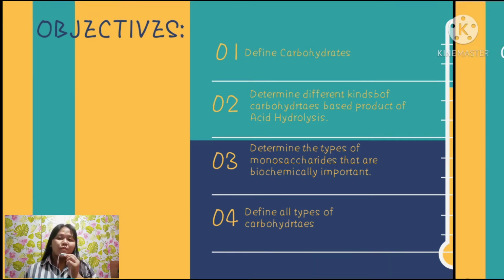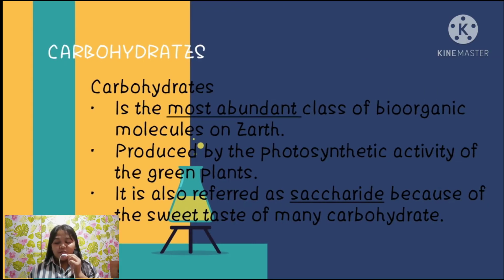Carbohydrates are the most abundant class of bioorganic molecules on Earth. They are produced by the photosynthetic activity of green plants. They are also referred to as saccharides, due to the fact that many carbohydrates have a sweet taste.